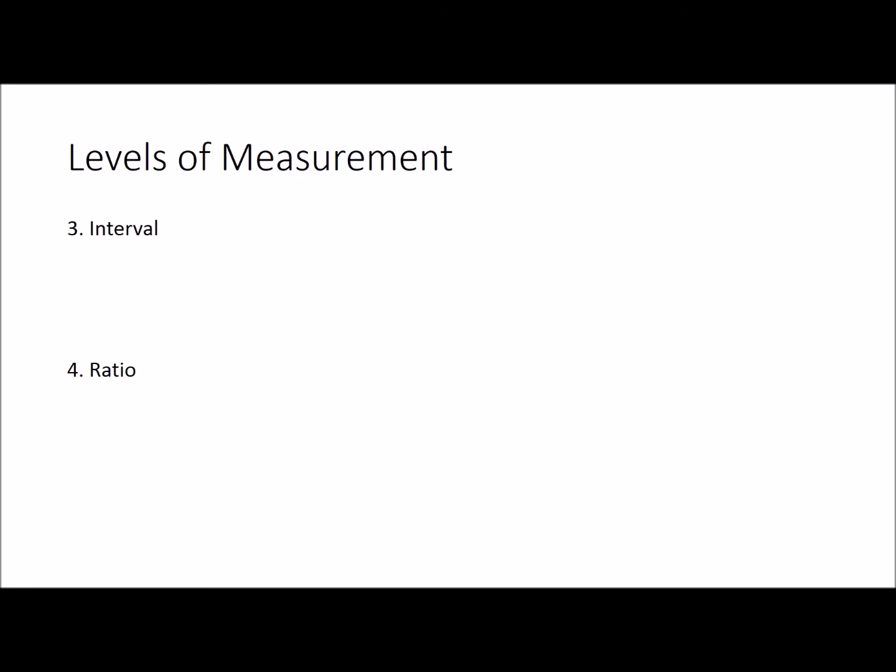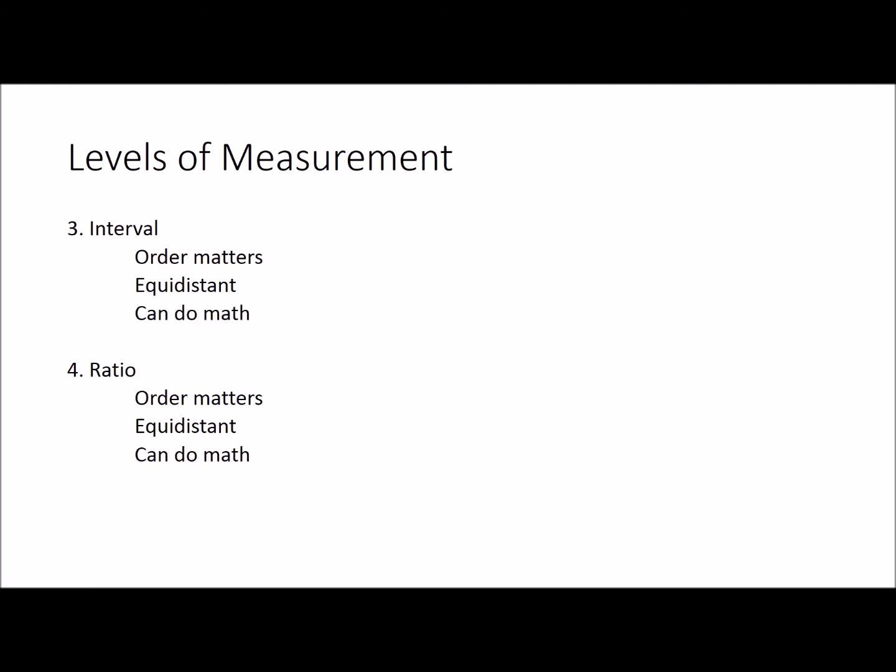In interval, the order matters, and order matters in ratio as well. In interval, the distances are equal between them. So the distance between 1 and 2 is the same as the distance between 2 and 3. In ratio, the distances are also equal. In interval, you can do math with these variables. And ratio, you can do math with these variables.